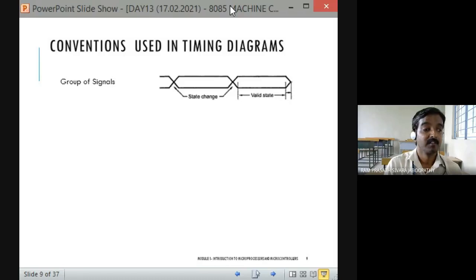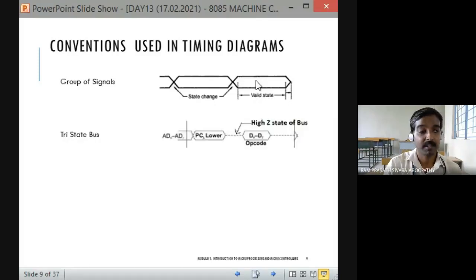So already we have told that a group of signals can be mentioned like this. This particular X mark can represent a state change, a value change in the bus. This can be a valid state. Fine. After the cross mark ends, until the next cross mark starts, valid data is present in the group of lines, correct?